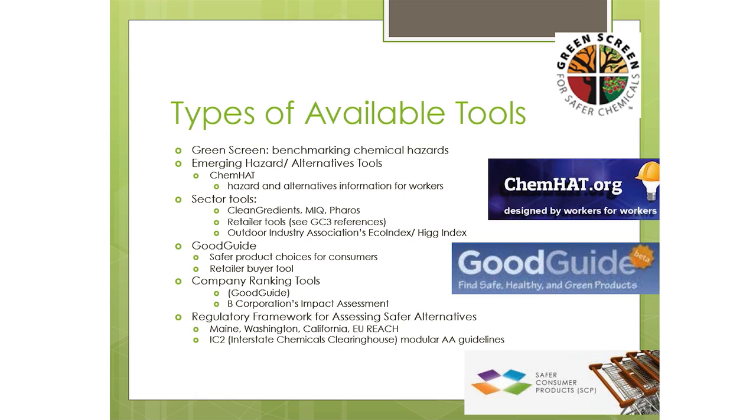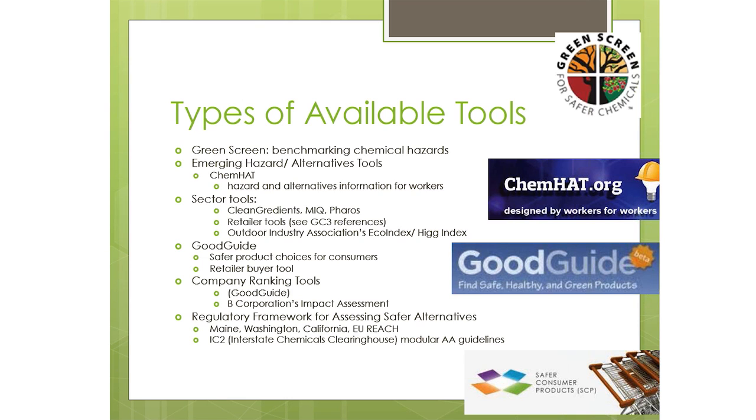I'm going to skip quickly over the company ranking tools and the regulatory framework. These are regulatory approaches that may be relevant to you as a company. If you are in Maine or Washington, there are Children's Safe Products Acts that list particular chemicals or particular endpoints of concern and require reporting under those. California is the first state that has gone beyond the European Union's REACH program.